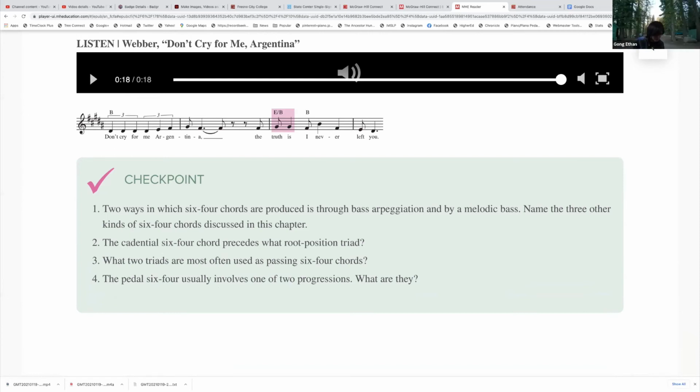So we've got four types, right? Really five types, but they've combined bass arpeggiation and melodic bass together. The cadential 6/4 chords precede what root position triad? The five, dominant. Good. What two triads are most often used as passing 6/4 chords?